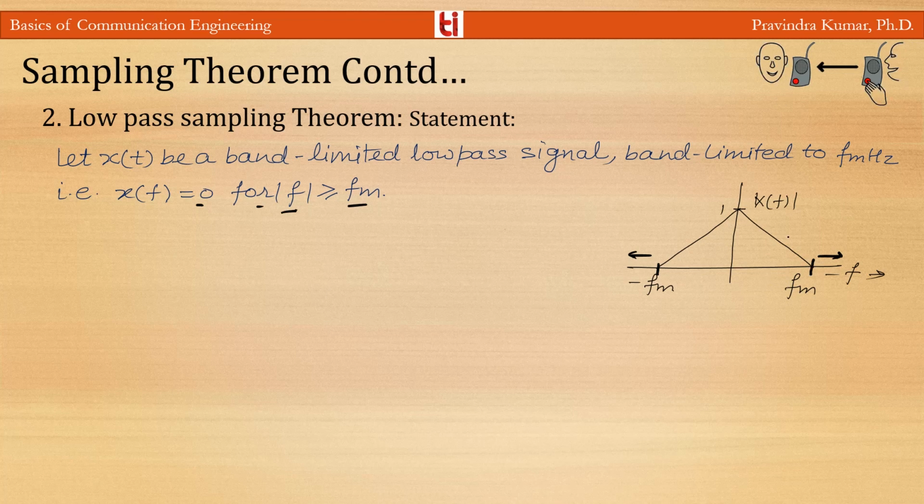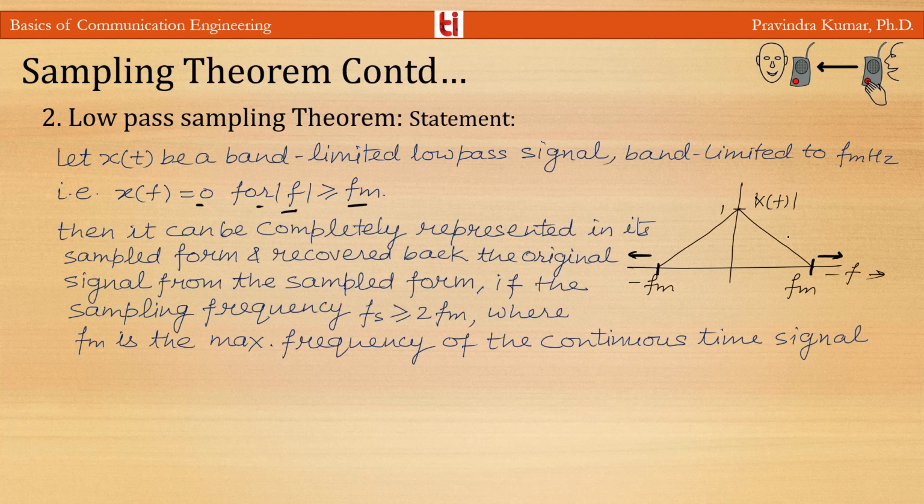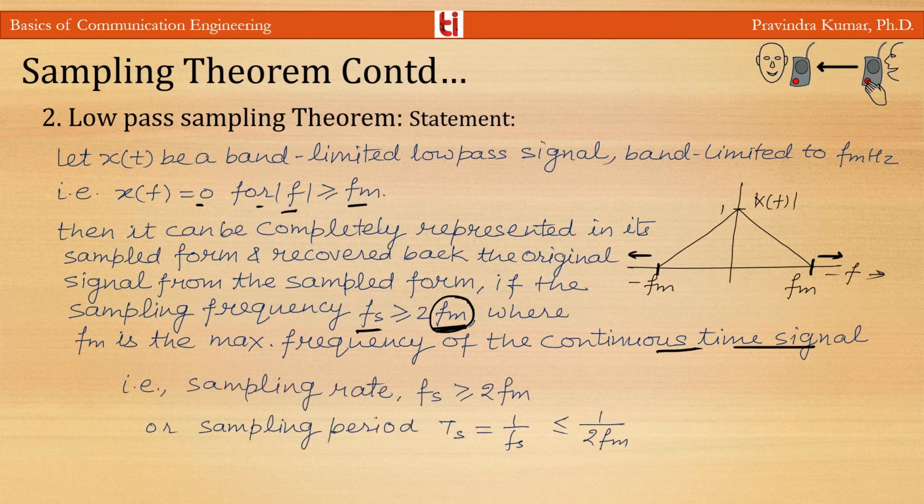Then it can be completely represented in its sampled form, and the original signal can be recovered from the sampled form, if the sampling frequency fs is 2 times the maximum frequency component of the signal, where fm is the maximum frequency of the continuous time signal.